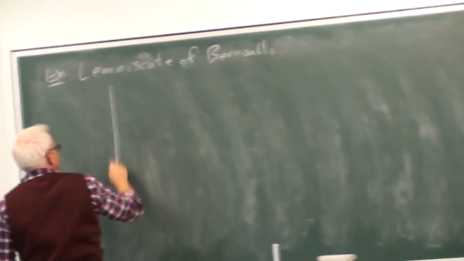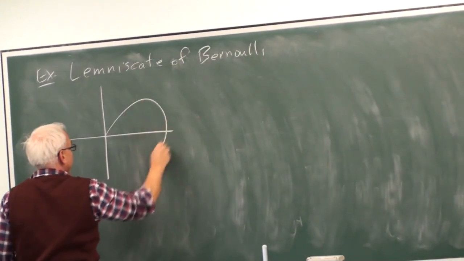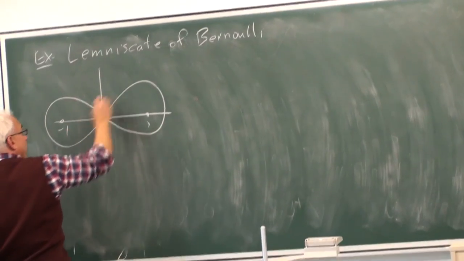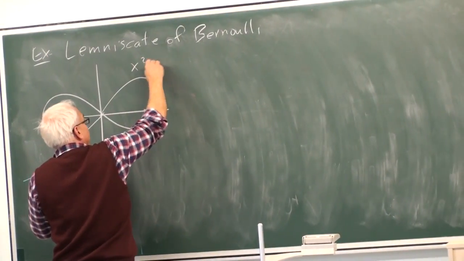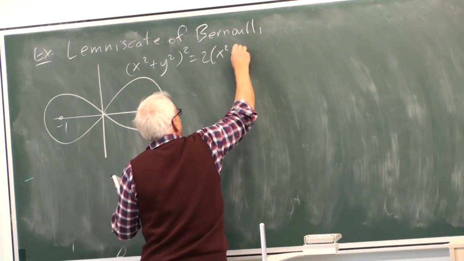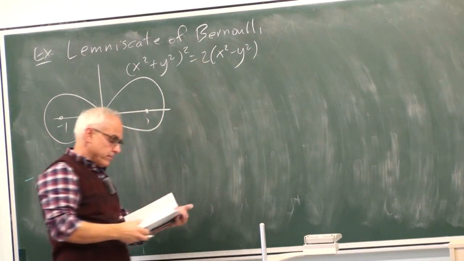All right, so that's the one we already talked about. Looks like this. And there's 1 and minus 1. And the equation is x squared plus y squared, squared, equals 2 times x squared minus y squared.